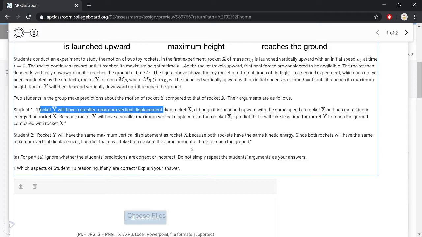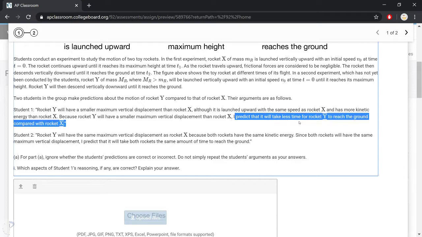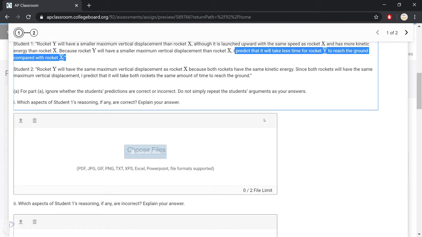So we move on to the next sentence. Because rocket Y will have a smaller maximum vertical displacement than rocket X, I predict it will take less time for rocket Y to reach the ground. Okay. So which axiom of student one's reasoning is correct?